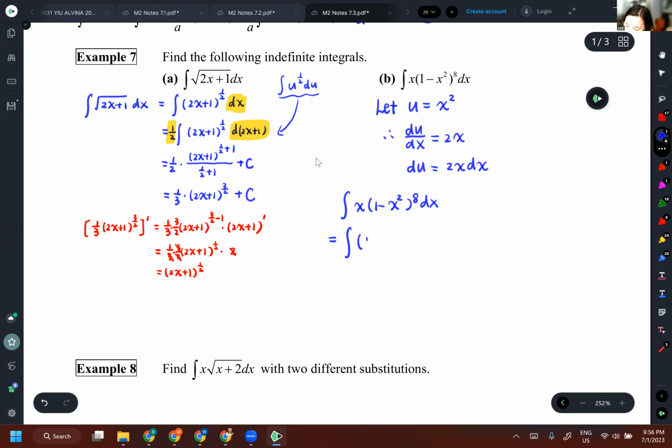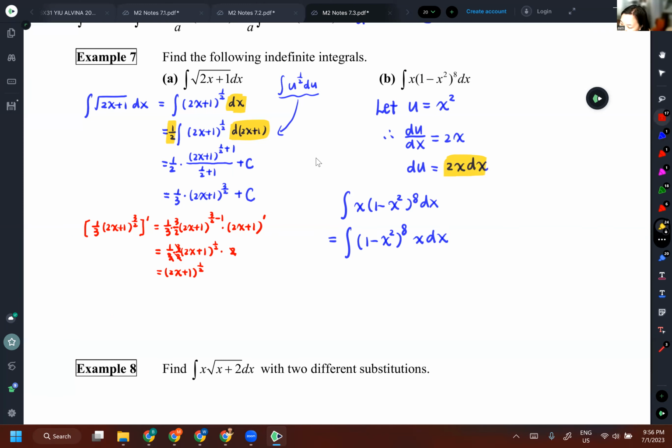First, I will put this chunk first, and then I'll write x dx together. But that's not the end, because I don't just need x dx, I need 2x dx.